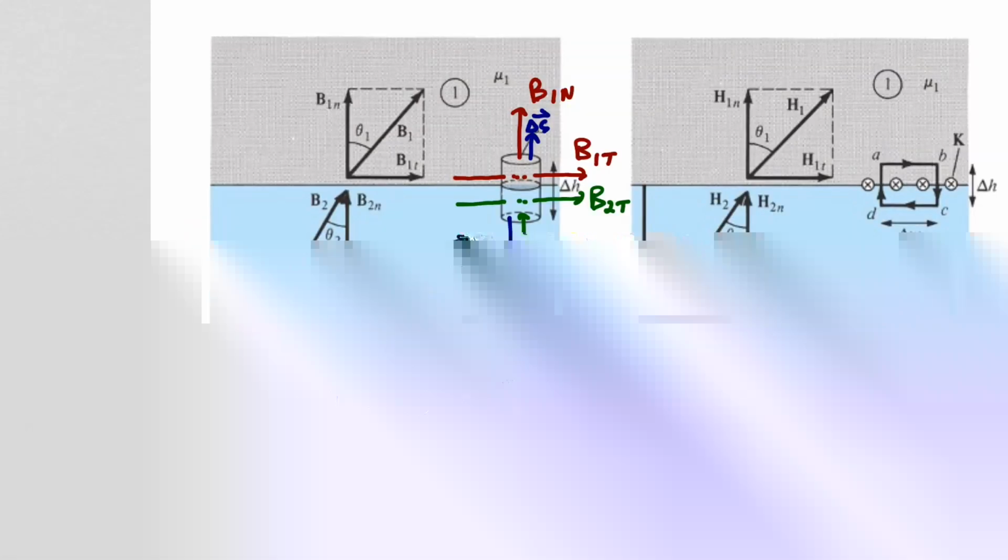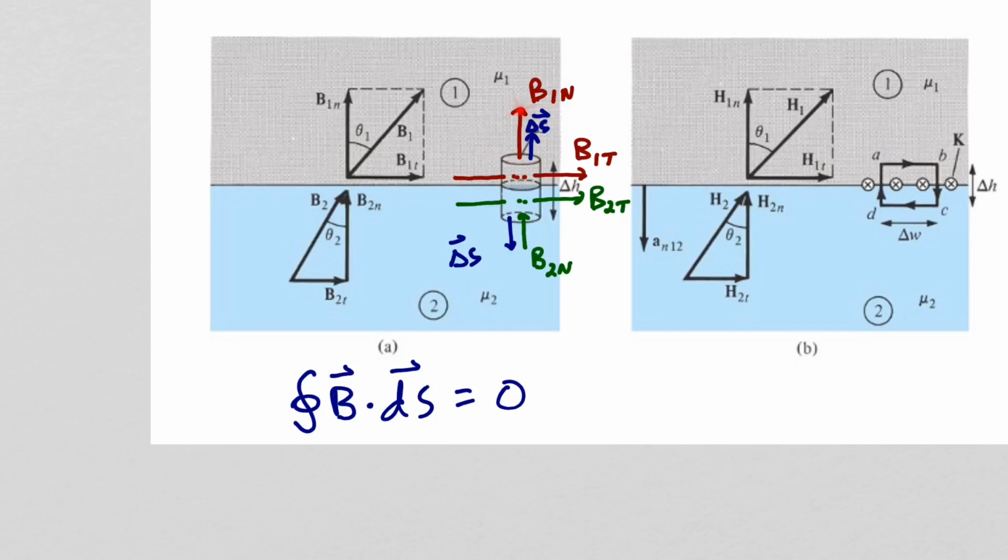On the top surface, B sub 1 normal is in the same direction as the outward normal, so the integral of B dot dS around the top surface is going to be B sub 1 normal times delta S. On the bottom surface, B sub 2 normal is in the opposite direction of delta S, so the integral of B dot dS around the bottom surface is going to be minus B sub 2 normal delta S.